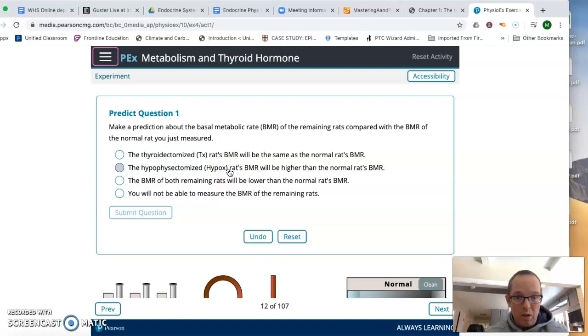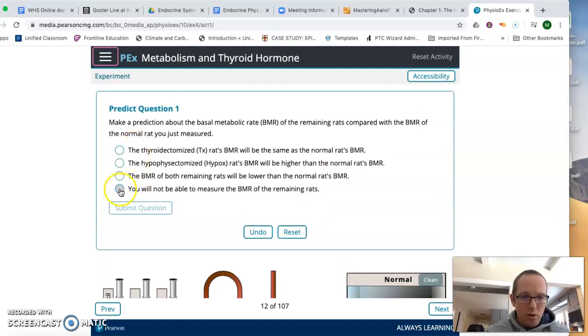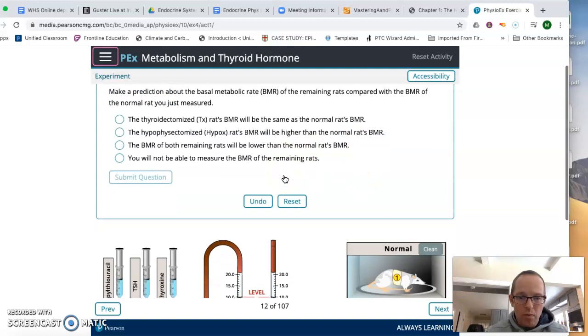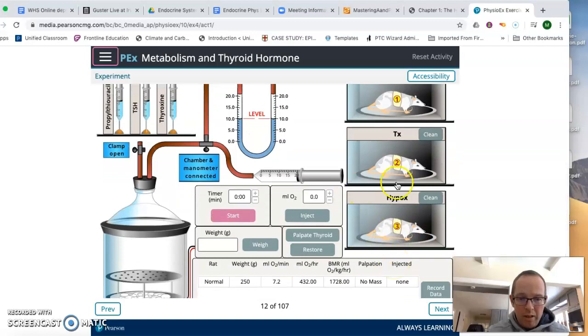So there might be issues with the thyroid as a result of the pituitary not sending its hormones. So I'm gonna go ahead and eliminate this answer for you, and I'm gonna let you predict this when you get into the lab yourself. But basically, you're gonna go through the rest of this, testing the thyroidectomized rat, number 2, and the one who has its pituitary removed, number 3, in that way.